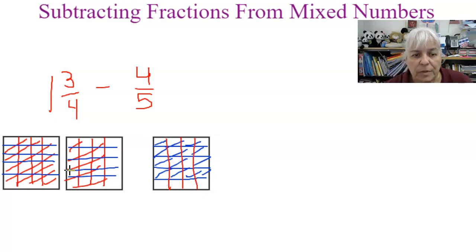So now these are broken up into 20ths. 4 in a row and 5 rows. 4 times 5 is 20. So we've got 20 20ths here. And 1, 2, 3, 4, 5, 6, 7, 8, 9, 10, 11, 12, 13, 14, 15 20ths here. So I have 20 and 15, which makes 35 20ths.